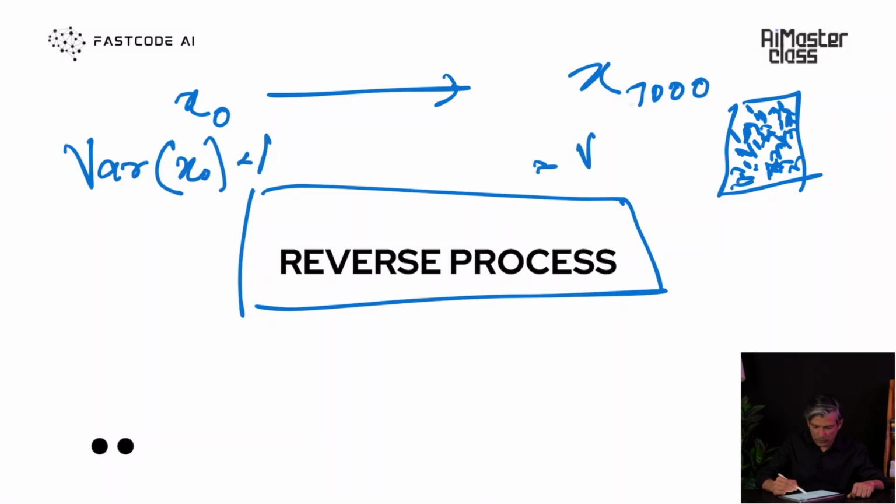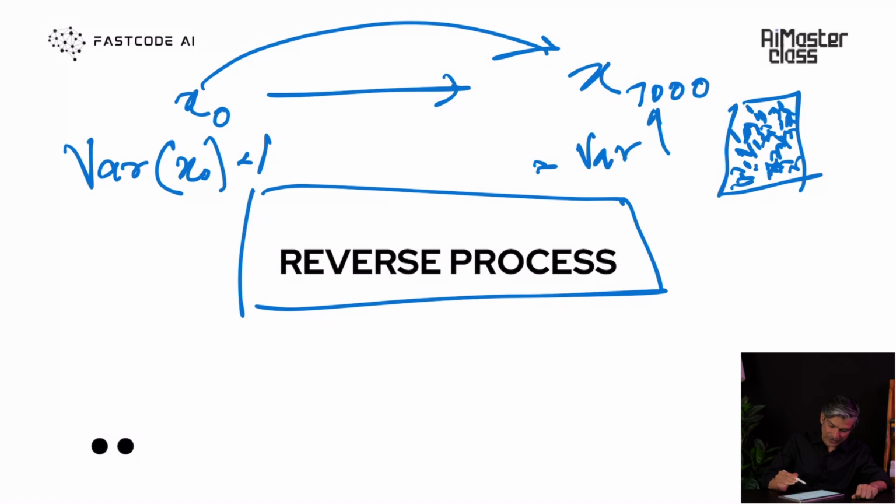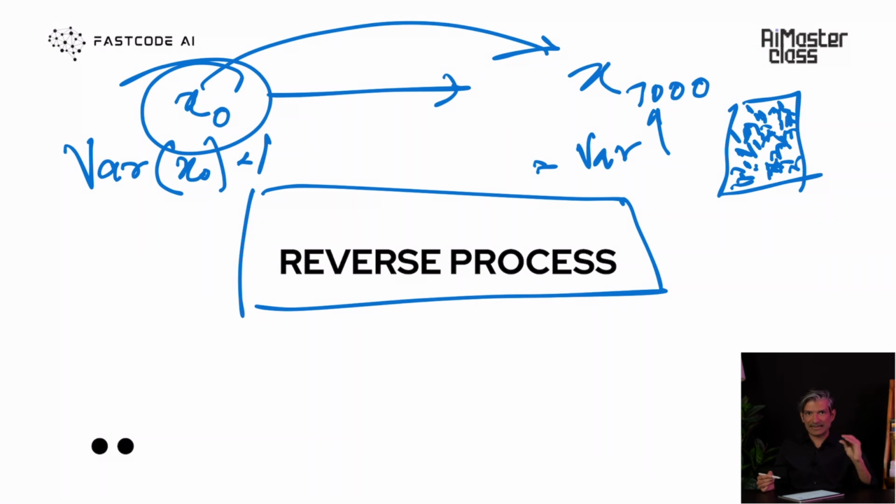We also know a way to get from x0 to x100 directly by putting in that recursive equation and doing some algebra. So we can directly get to x100, x500, x10,000 from x0. We know exactly how much noise to put because it's Gaussian noise, it's linear, and we could do that algebra. This is all that we know till now.